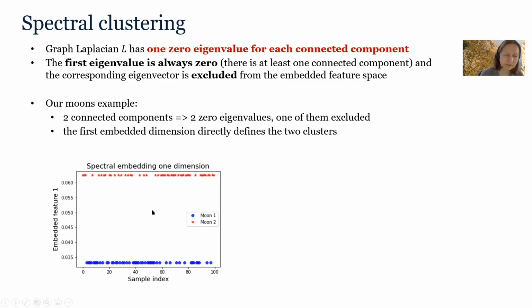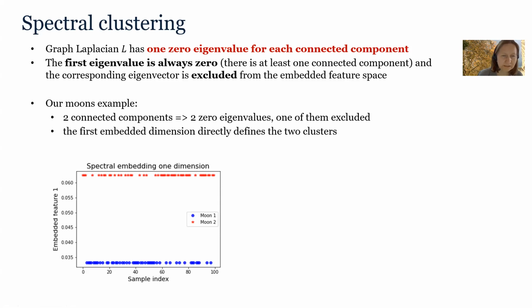And if we look at this dimension in this plot, on the x-axis we have the sample index, so that's all our samples from 0 to 100. And on the y-axis, we have the first embedded feature. We can see that there are only two discrete values of the first feature. So each sample gets either one or the other discrete value.